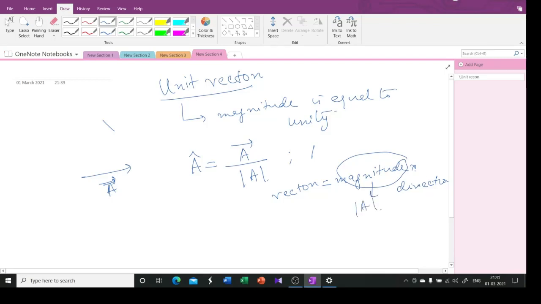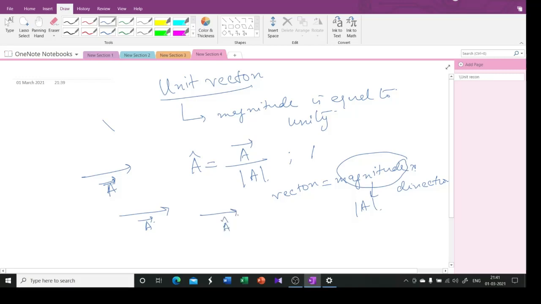So just to give an idea about the direction of the vector, I mean to which direction it's pointing, we use this unit vector. So simply, if we take this direction to be vector A, this direction has a unit vector A cap.